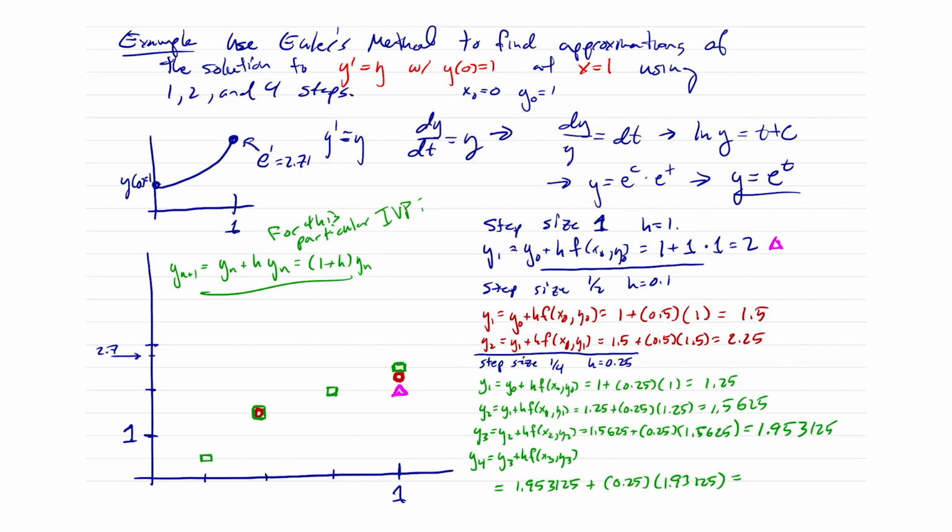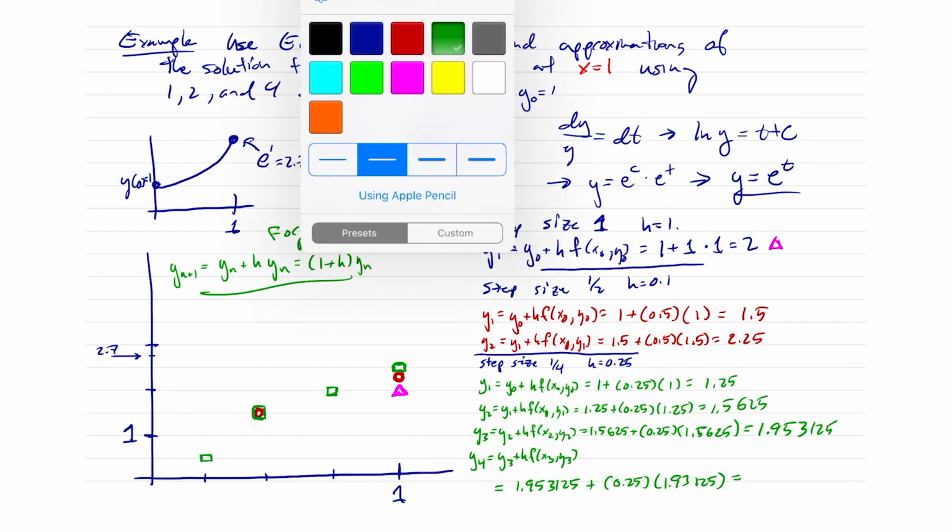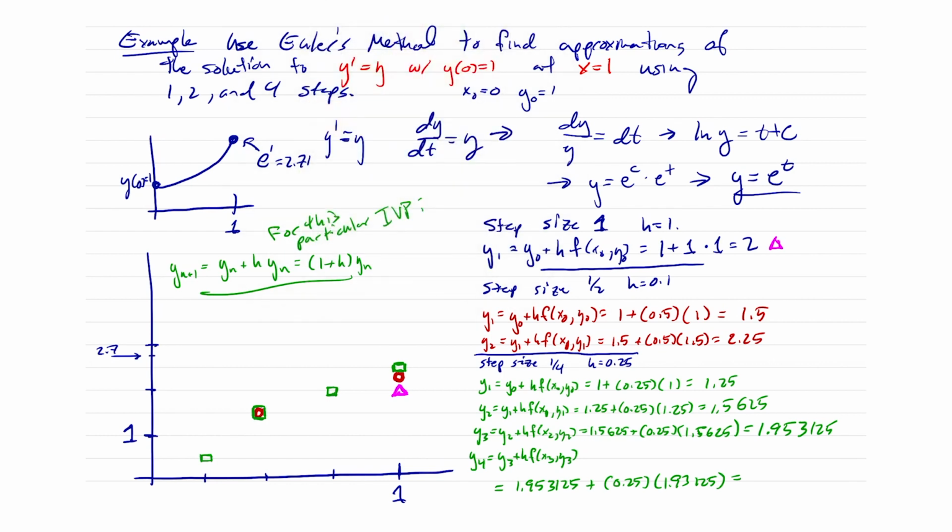So we get, let's see, 1, 2, 3, 4, 5, 6, 7, 8. And so if I do 8 steps, I get even closer. And so let's do this in orange, and I think I overdid it by 1.